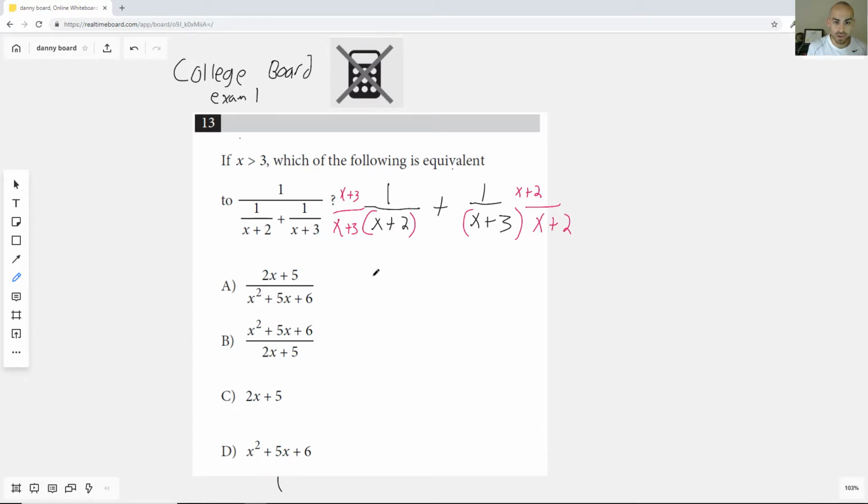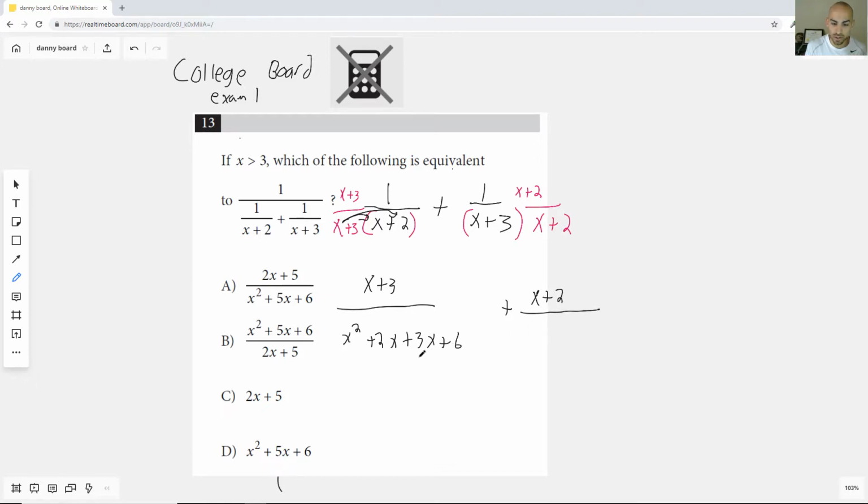Moving on. So now what we have is x plus 3 over, and if I were to FOIL this out, x squared plus 2x plus 3x plus 6. And I know that that's going to be the same for this denominator here. But then this is now a new numerator of x plus 2 over this same exact one here.